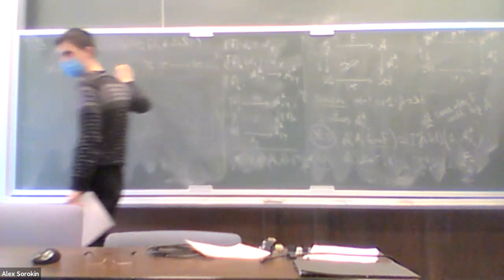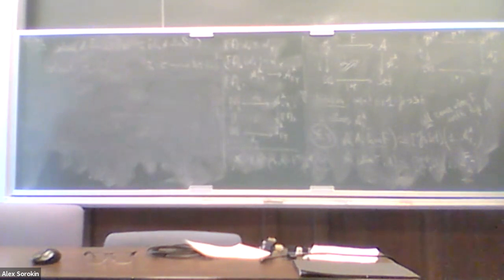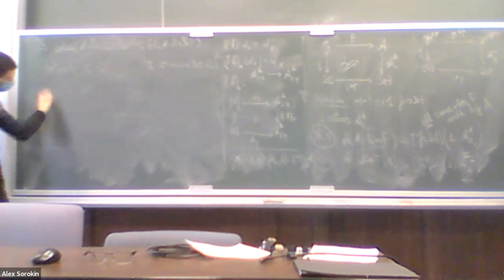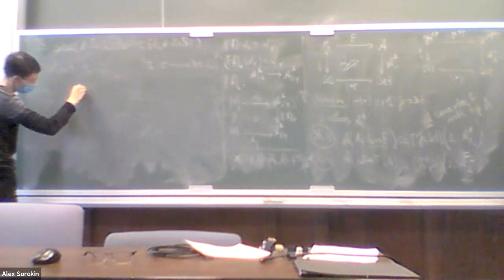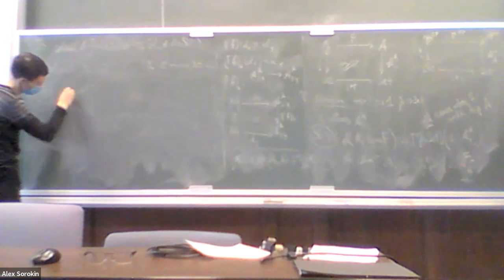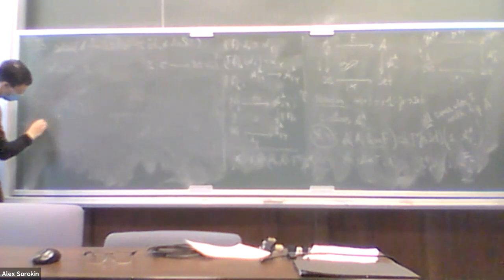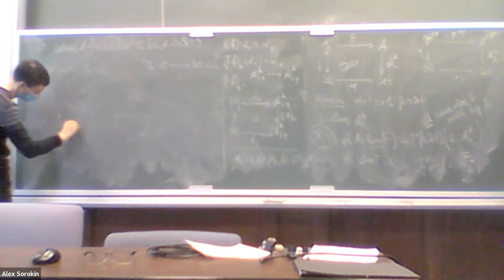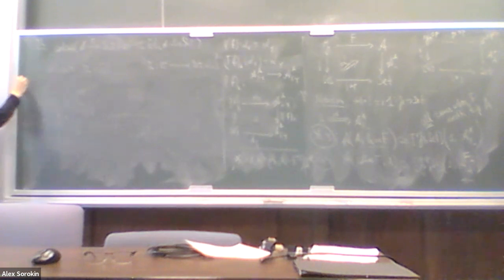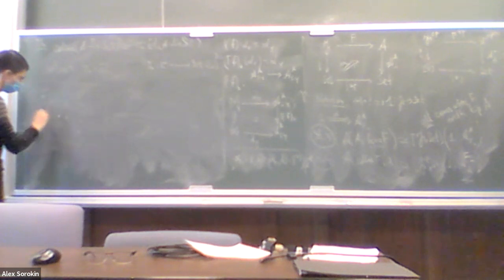Connected component of a category is a, so if you have this in the category C, who are your connected components? 1, 2, 3, 4, 5.